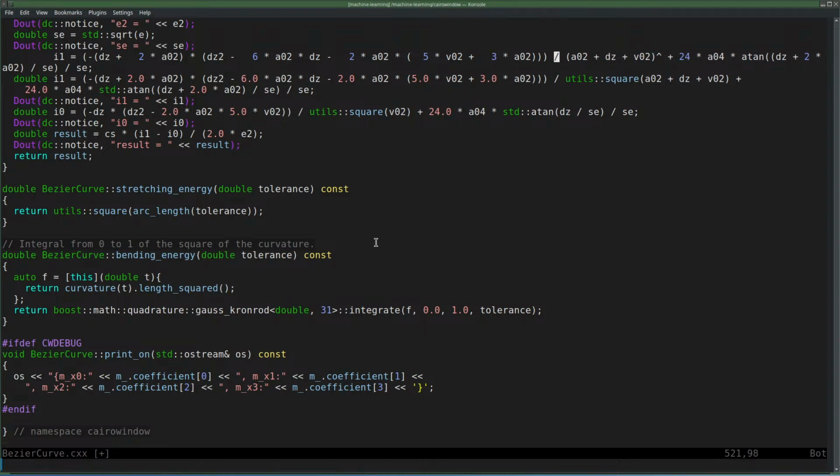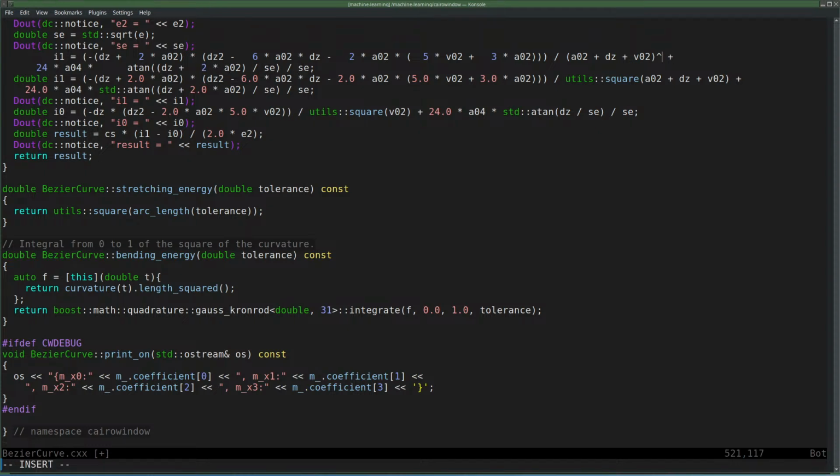What? Why didn't it complain about the missing 2 here? Yeah, well, I see a difference.